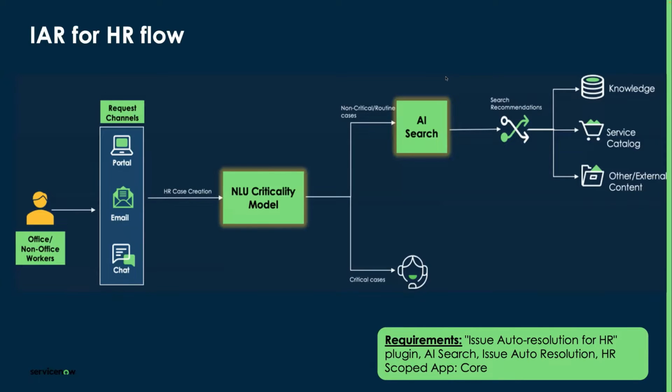So with that, let's quickly see how the IAR for HR flow works from end to end. Whenever an employee, be it an office employee or a non-office worker, comes in and raises an HR case, that case will be intercepted by the natural language understanding models, which try to understand the intent and determine whether the case is critical or non-critical. If it's a non-critical and routine case, it goes through the AI search, which comes out with the relevant search results.